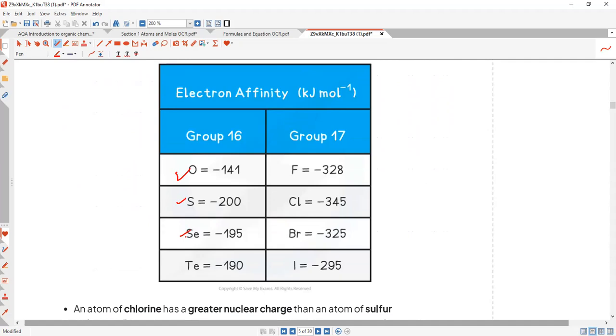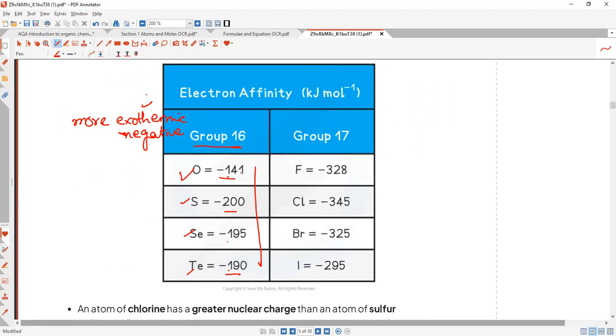You can see that the value is becoming more exothermic as we move from top to bottom in group 16, also called group 6 of the periodic table. So minus 141, minus 200, minus 195 and minus 190. It is getting more negative, and more negative means more exothermic.